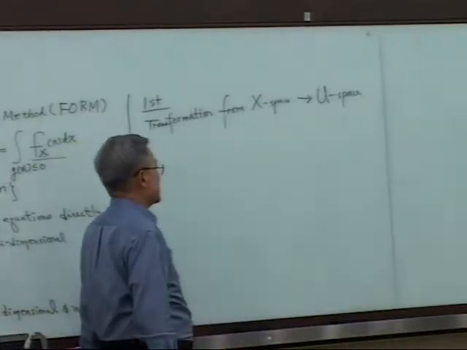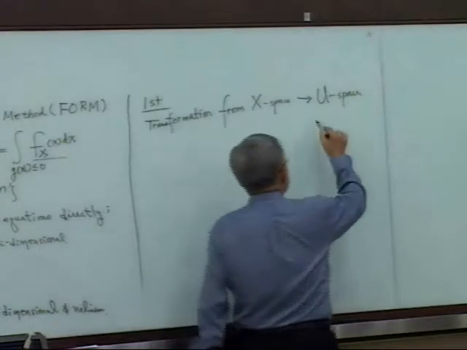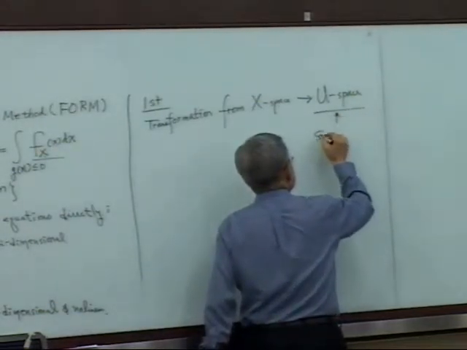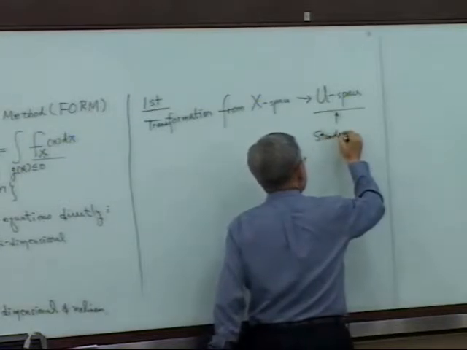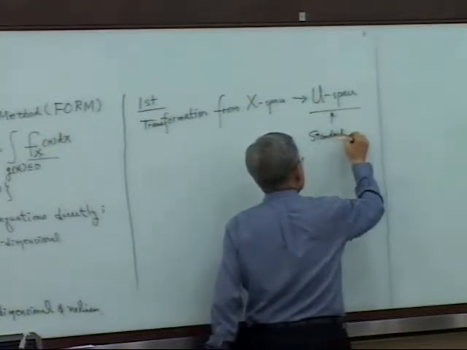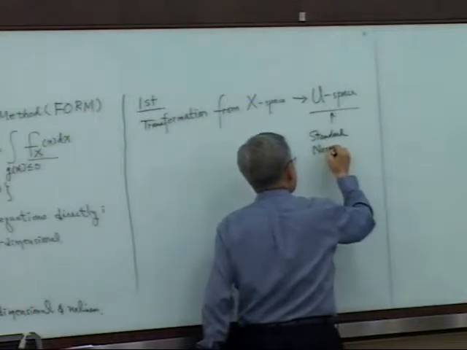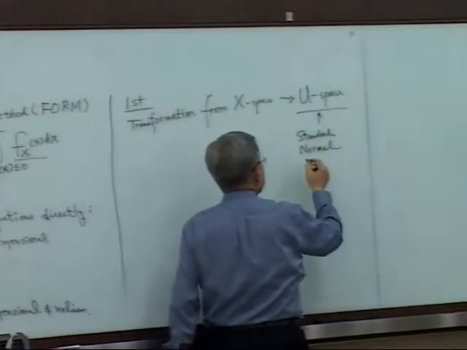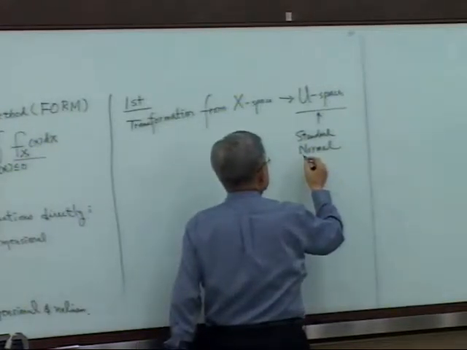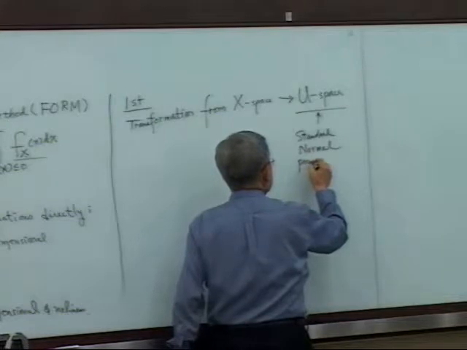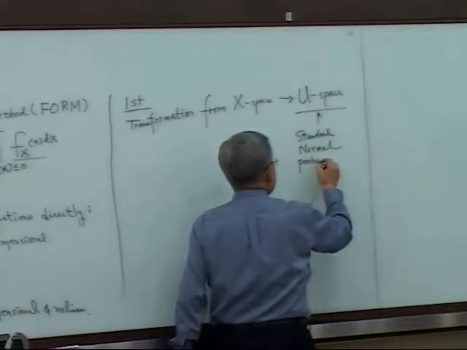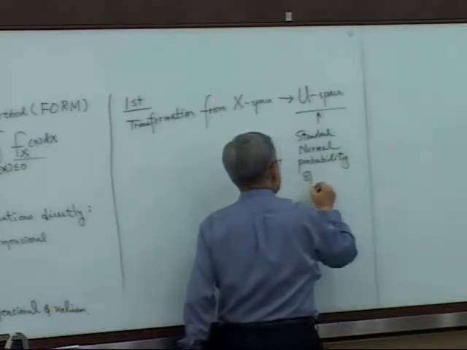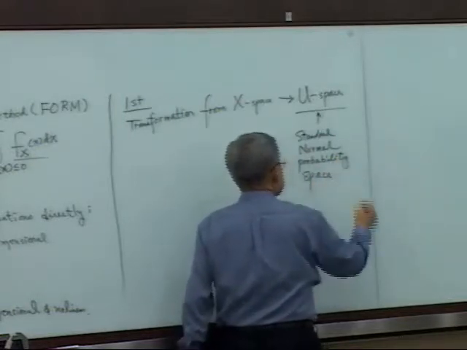U space is standard normal probability space.